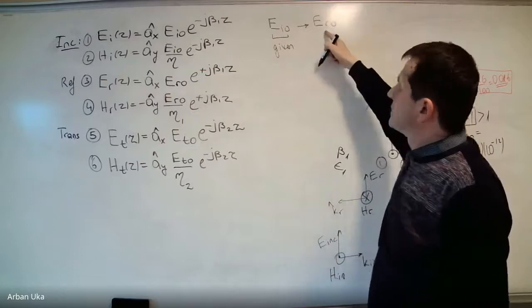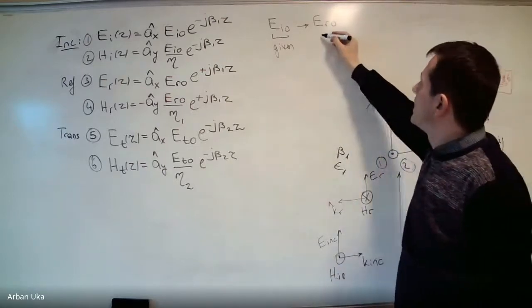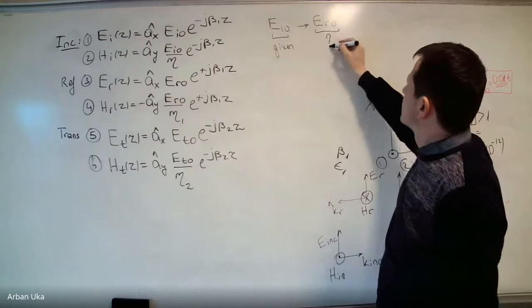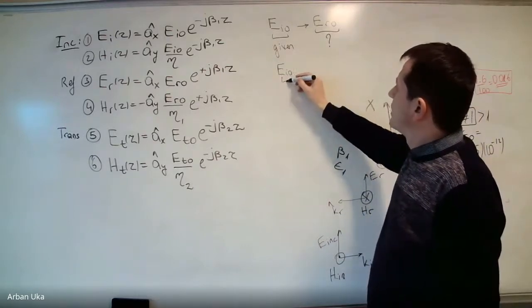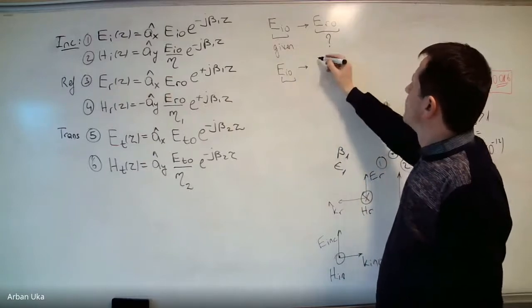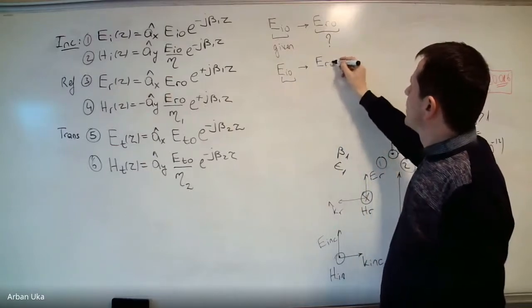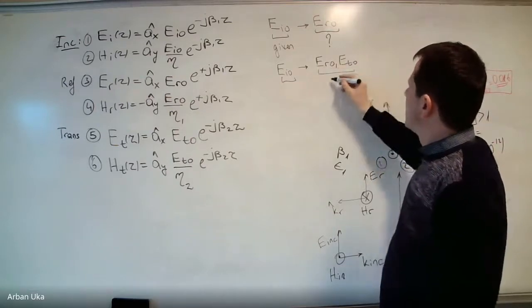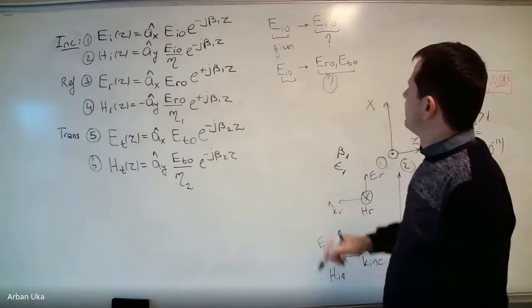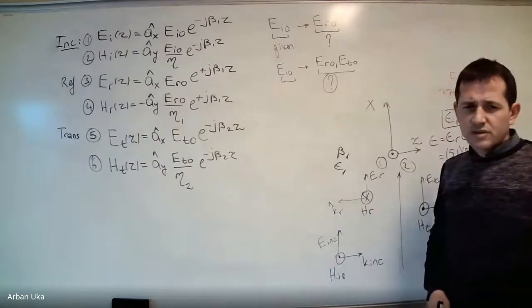So we had one unknown, the question mark. Now in this case, we are given only one parameter, and we need to find the reflected wave amplitude and the transmitted wave amplitude. So how many unknowns do we have here? We have two unknowns, right?